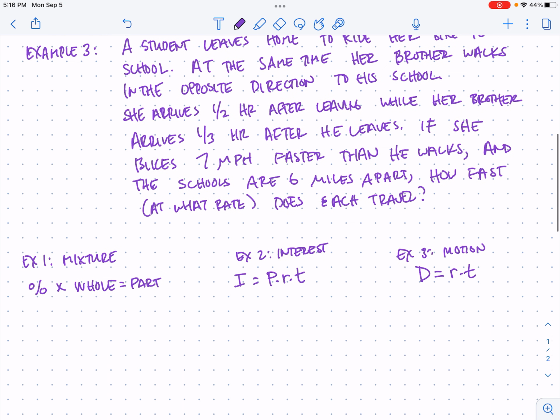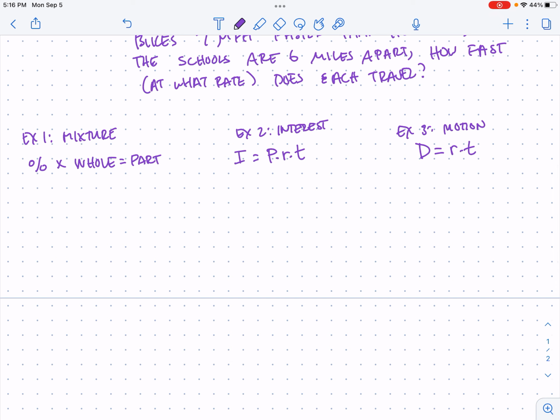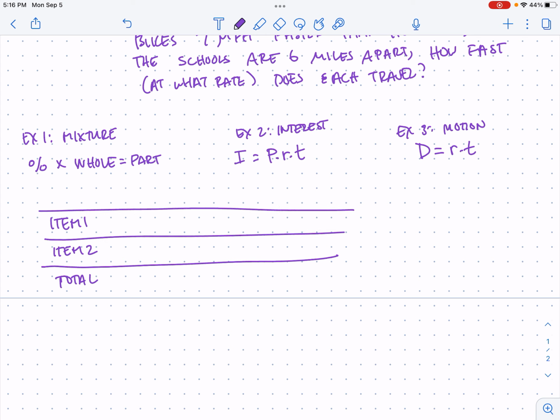So what our tables are going to look like is we're going to have item 1, item 2, and then often we'll have a total. That's not always necessary, but it can be. So we have something like that. And then we're going to have the various components of our formulas. So we're going to have something times something equals something across the top.